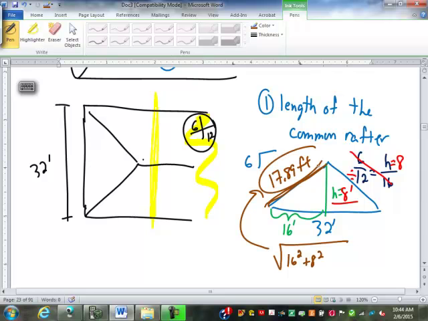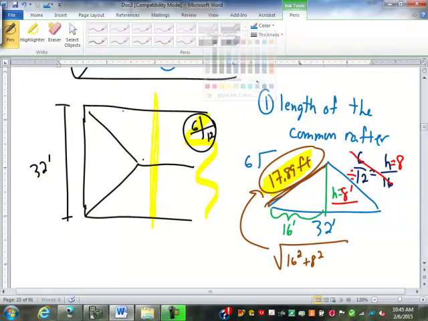That is the length of our common rafter. We're going to save that length. At some point before we are done, we are going to convert that into feet, inches, and sixteenths. But while we are calculating with it, it is easiest to keep it as decimal feet. So for right now, we're just going to highlight that so we can find it quickly later, and we'll be back.